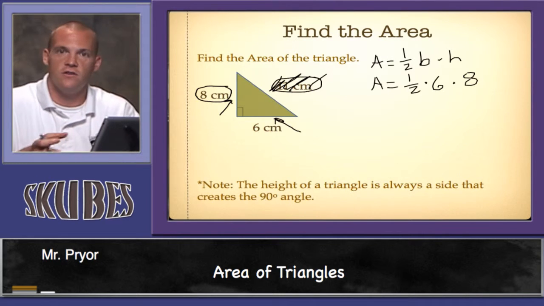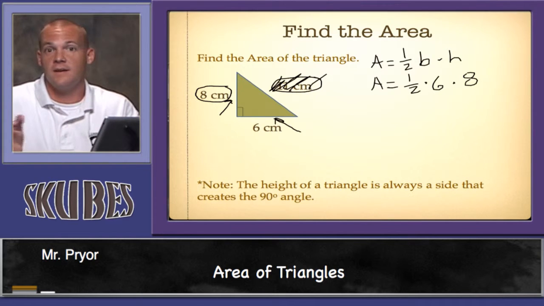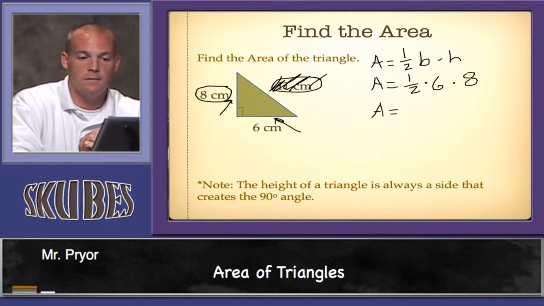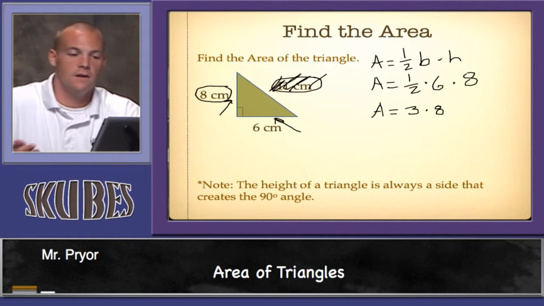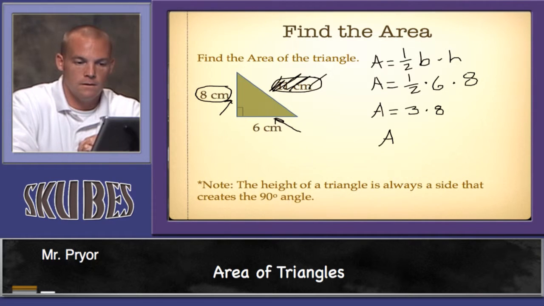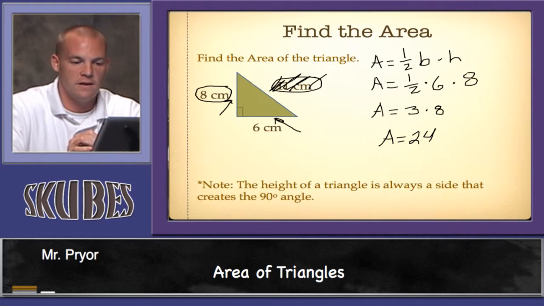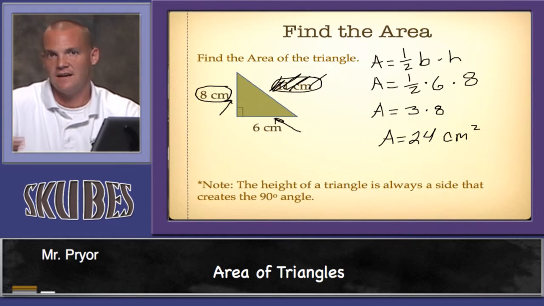There's a lot you can do because multiplication is commutative, which means the order in which you multiply doesn't matter. Let's just take half of 6, which is 3. That'll make our final multiplication a little bit easier. 8 times 3 then is going to be 24. So what you end up with is area equals 24 centimeters, and like I said before, that's measured in squared units.